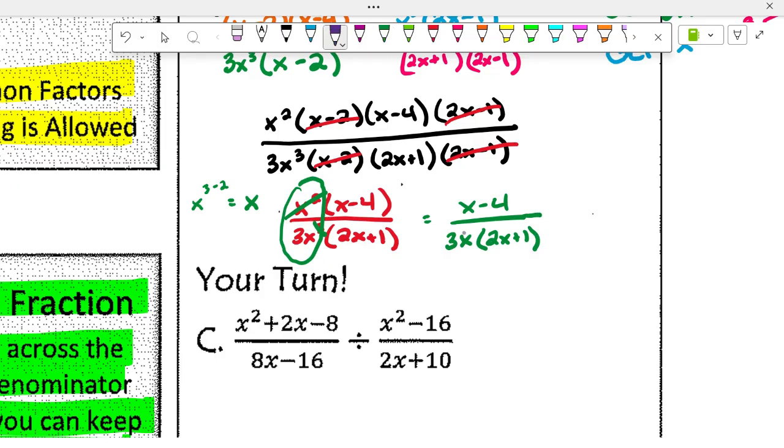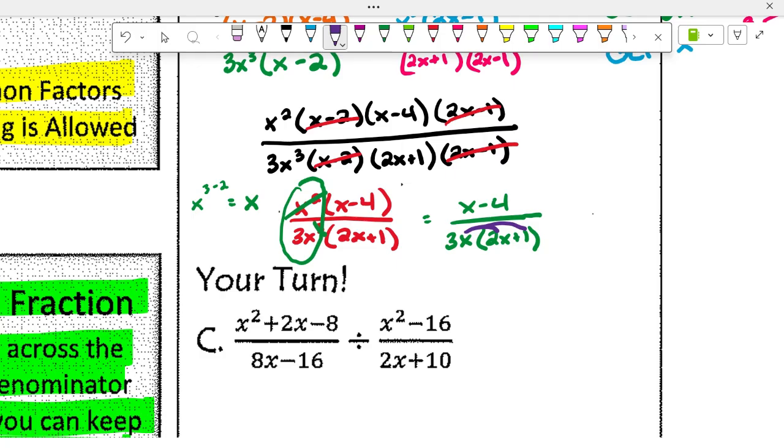Now, the very last step, we just need to distribute that 3x. Yes, ma'am. If you did not simplify the red fully, yes, I would take off at least a point. All right, because that's part of it. Now, if you stopped at the green, I'm okay with that.